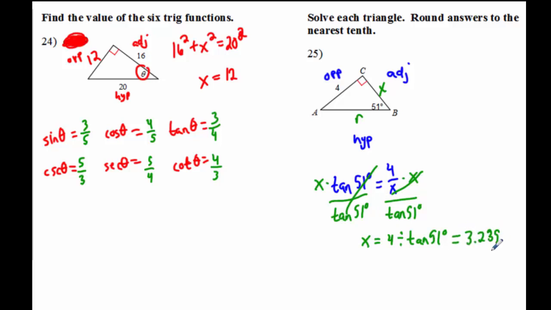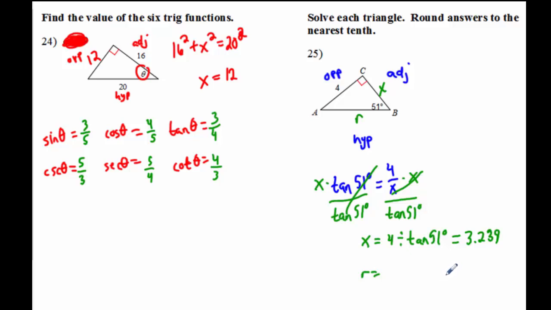I don't care what you round to as long as you don't round to no decimals or 1 decimal. So I want 2 or 3 or more, but 2 or 3 is fine with me. But we should not be rounding this to 3. And well, it says nearest tenth. I guess I would take 3.2 because you were paying attention and I wasn't. But that's not really the point.